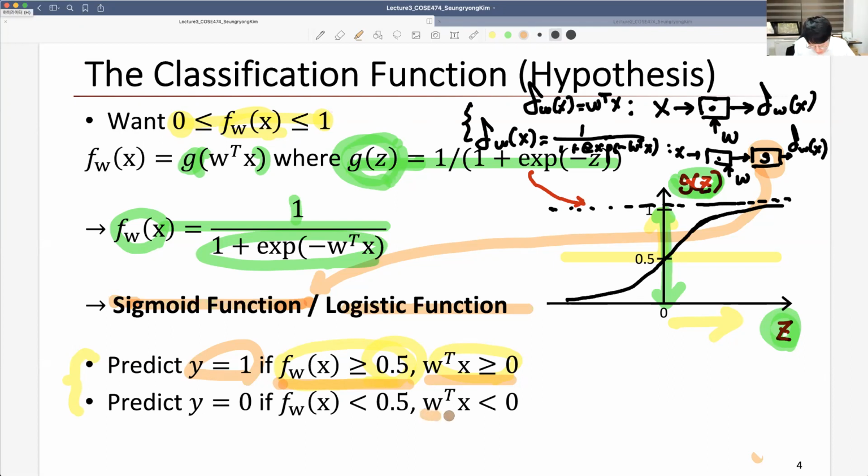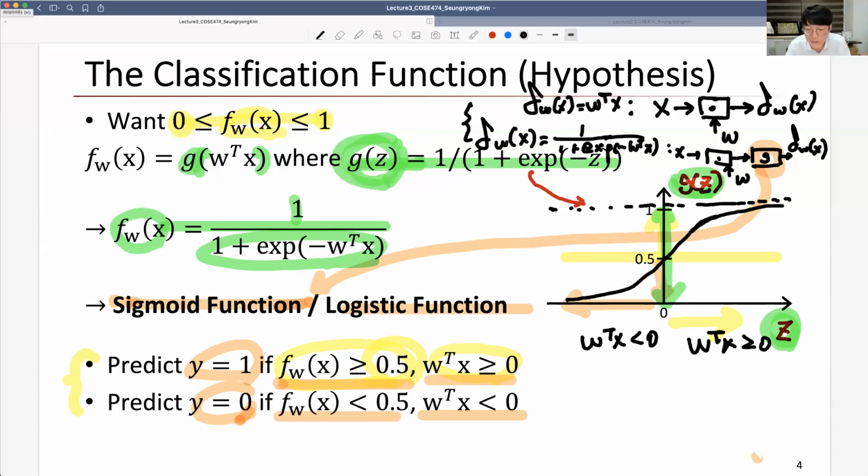Or if w transpose x is smaller than 0 and f_w(x) is smaller than 0.5, in this case, we can predict y is equal to 0. Okay, so here's the new strategy of the classification problem.